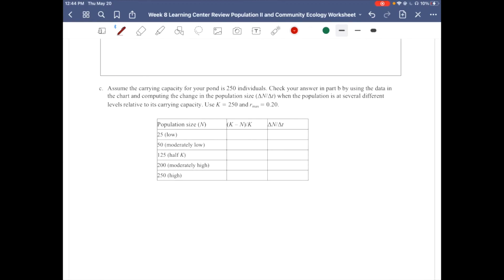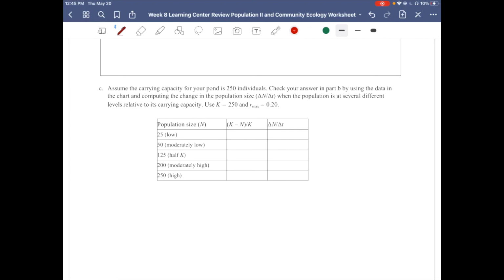Next, it's saying assuming the carrying capacity of the pond is 250 individuals, check your answer in part B by using the data in the chart and computing the changes in population size, delta n over delta t, when the population is at several different levels.